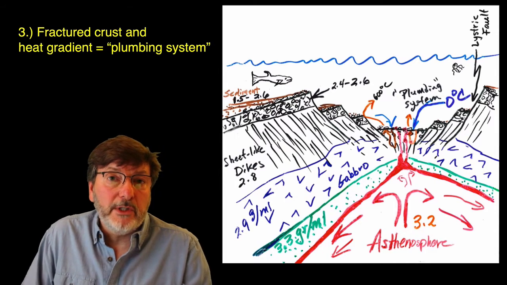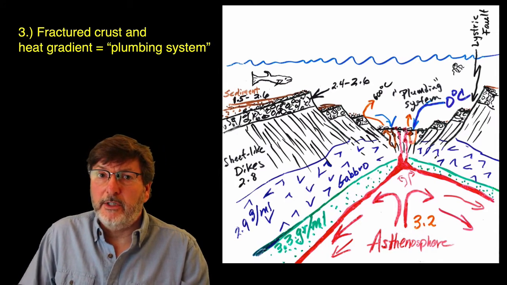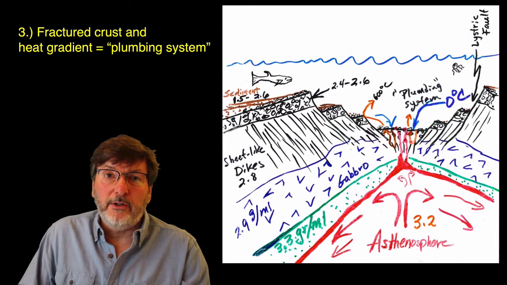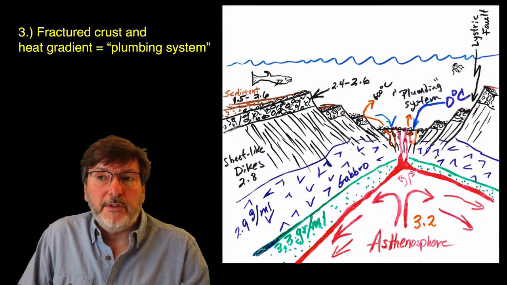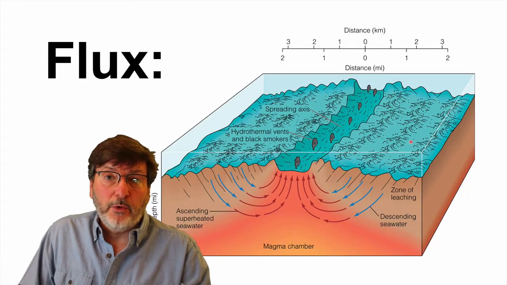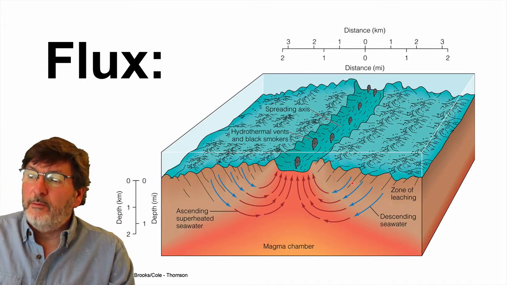So the mid-ocean ridges are water cooled, just like the radiator in your car is cooling your car engine. The water circulating through the mid-ocean ridges in these plumbing systems is cooling the mid-ocean ridges.